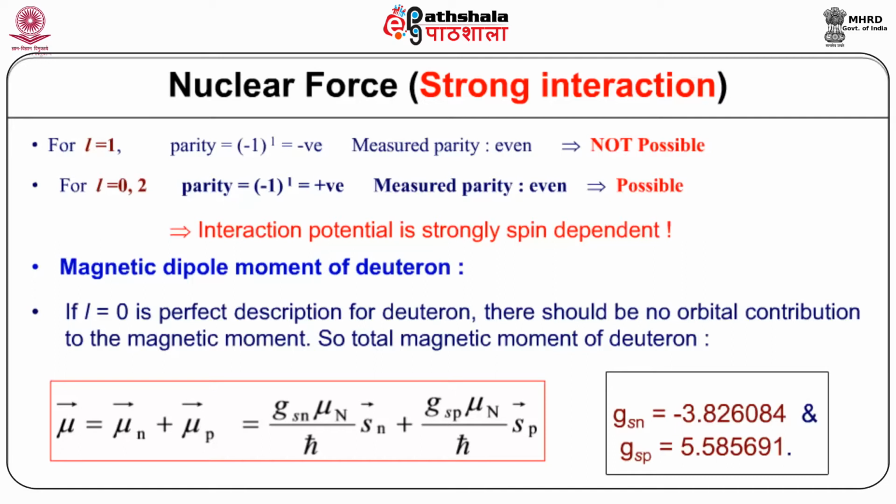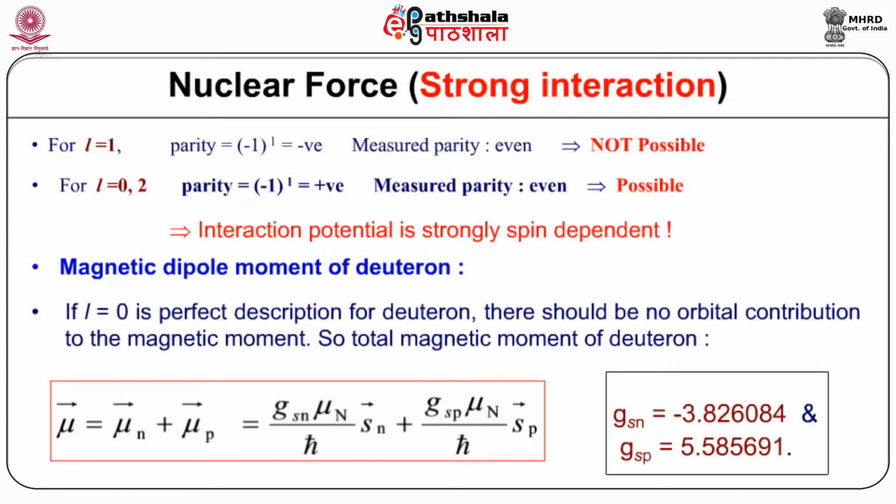Magnetic dipole moment of the neutron. Now we are going to discuss the magnetic dipole moment of the neutron. The neutron, as we know, has two nucleons in the nucleus, one proton and one neutron, with parallel spin. If L = 0 is a perfect description for the neutron, there should be no orbital contribution to the magnetic moment.